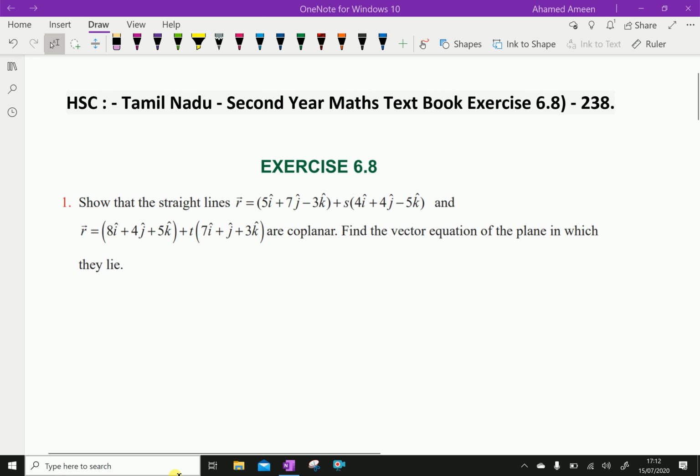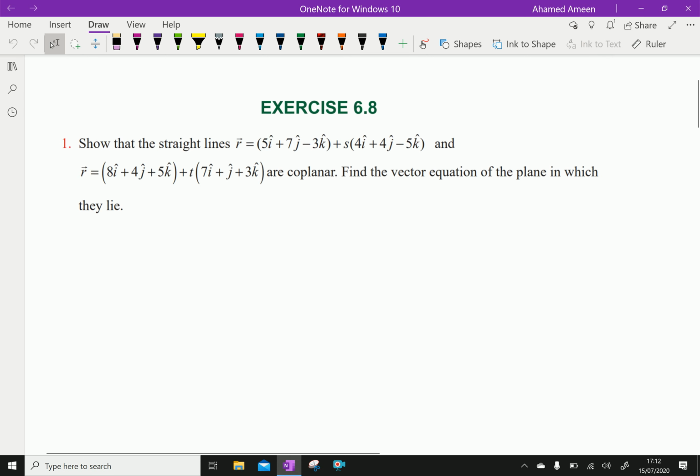Here the two lines given are: r vector equal 5i plus 7j minus 3k plus s times 4i plus 4j minus 5k.